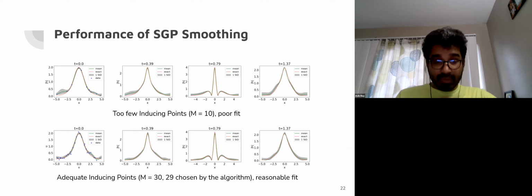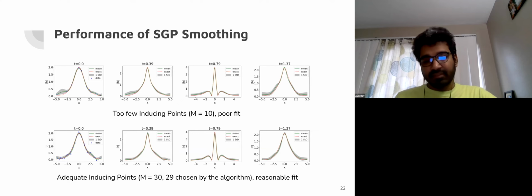However, when we went to m equals 30, we can see that things start to look much better compared to what we have for 10, and it already recovers quite a lot from the initial wiggliness of the points on the initial time space and the corresponding propagation of errors.